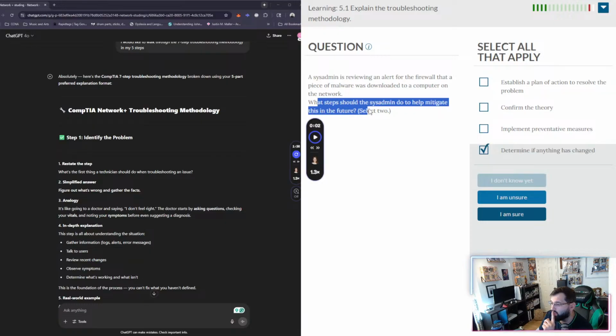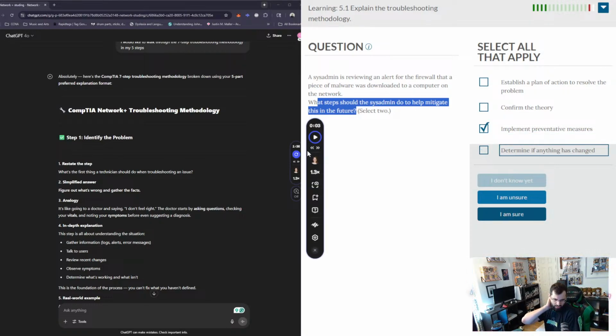Okay, hold on. What should the sysadmin do to help mitigate this in the future? Establish a plan of action to resolve the problem. We want to implement preventative measures for sure. Just don't know.